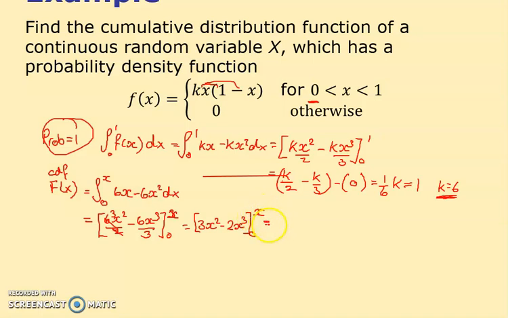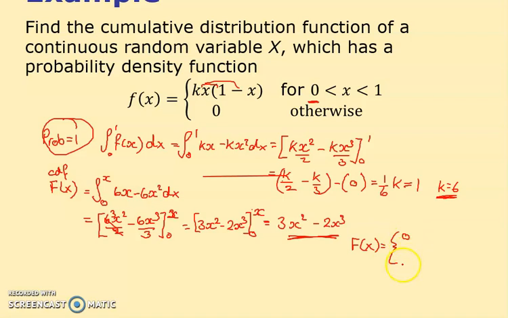So my answer just becomes 3x squared minus 2x cubed. The x replaces the x and gives me x, so that's no different. But the 0 gives me 0, so that is my answer. And it just wanted the cumulative distribution function. So again, I've just got to make sure I write this properly. So F of x, you always start off with a nice curly bracket.